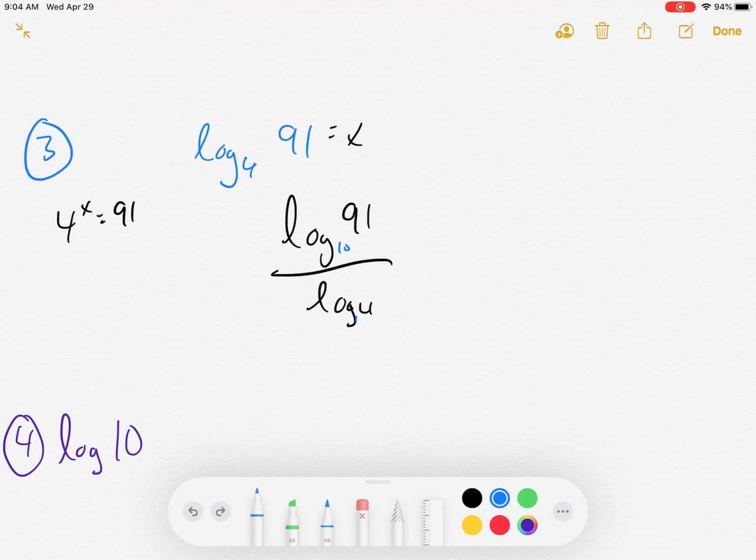And remember, this is technically base 10 and base 10, but you don't need to put that in because it is implied. So when you type this in, you should get log of 91 divided by log of 4. And you get 3.25.